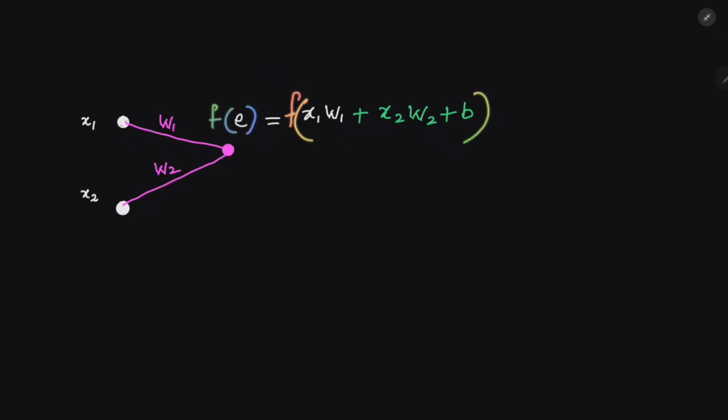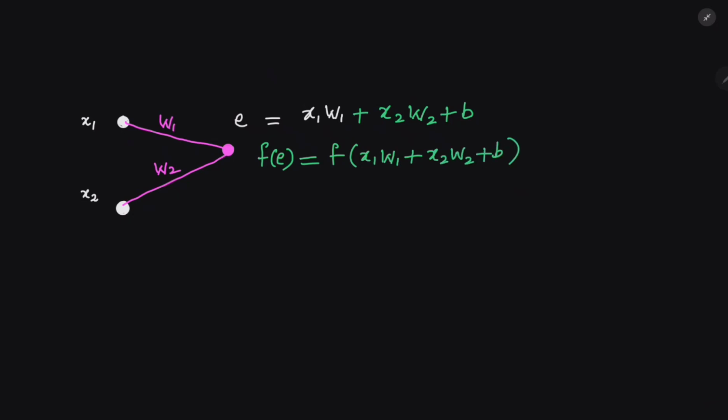When we apply the activation function, we get f of E, that will be equal to f of x1 w1 plus x2 w2 plus b. That's how we get the answer for one output. We call that equal to A, and f is the activation function.